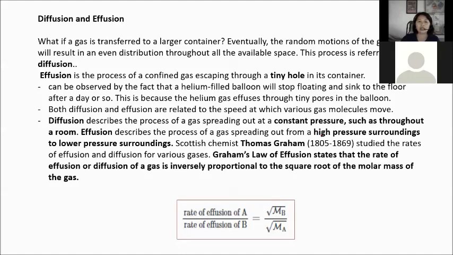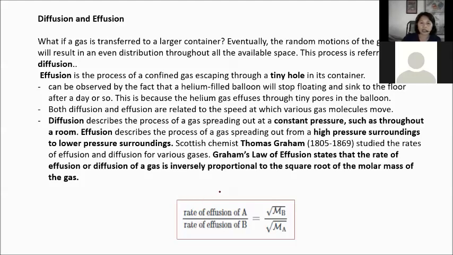Okay, so Scottish chemist Thomas Graham studied the rate of effusion and diffusion for various gases. Graham's law of effusion states that the rate of effusion or diffusion of a gas is inversely proportional to the square root of the molar mass of the gas.